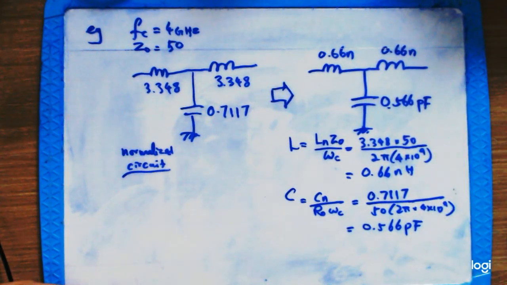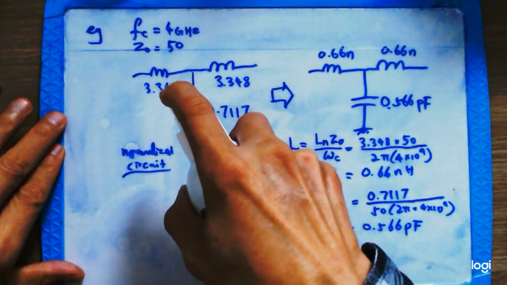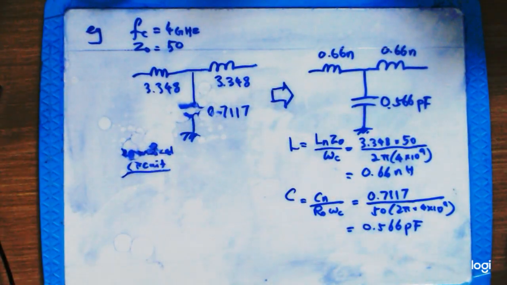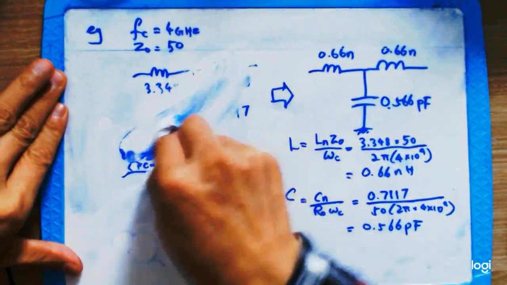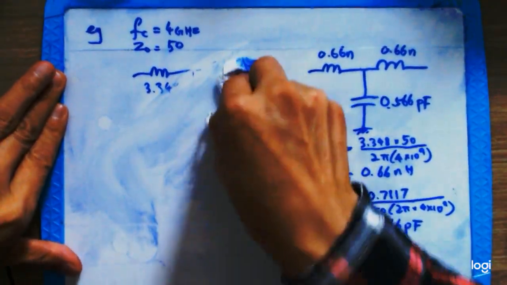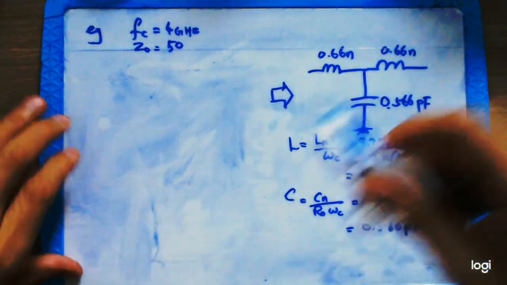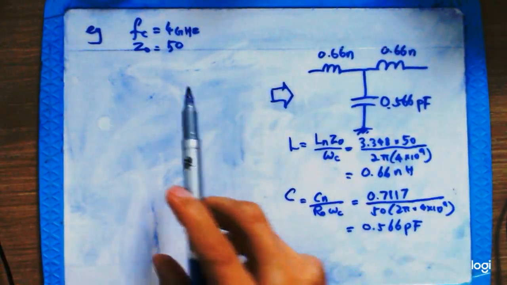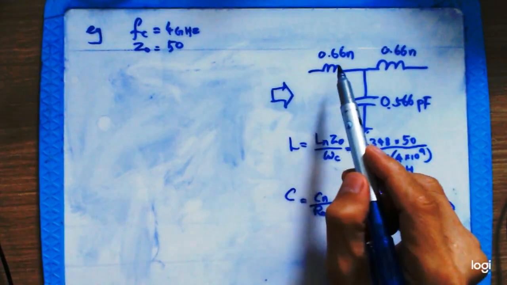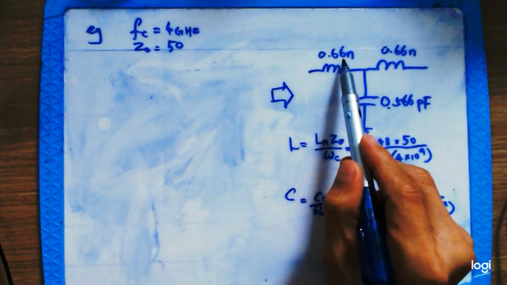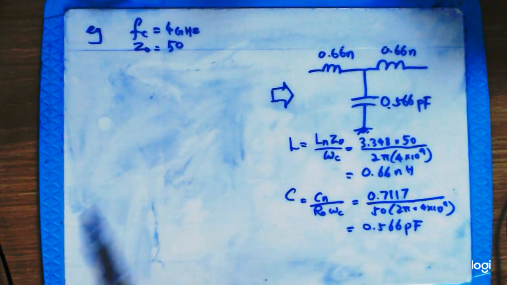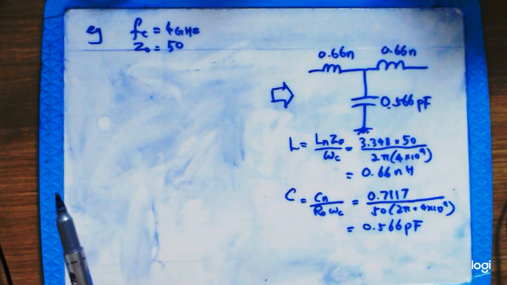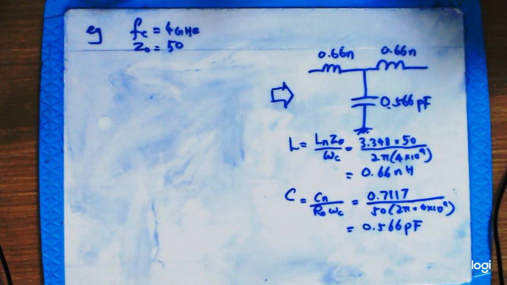So what we can do here is, you can use short circuit stub to implement the inductor, and we can use open circuit stub to implement the capacitor.